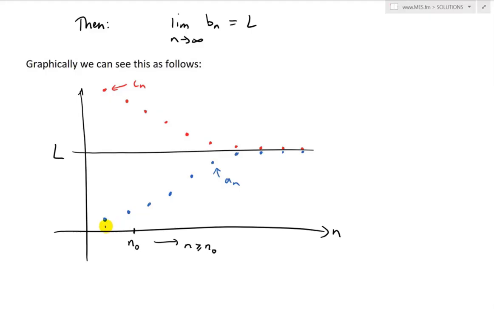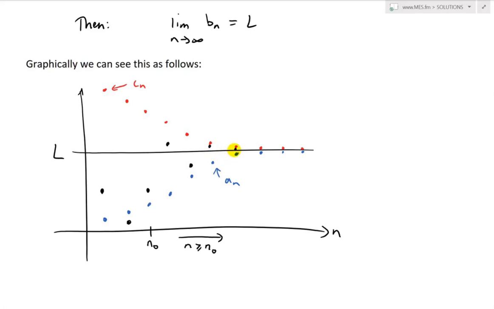This is n0. Now, let me quickly move that around, just make it a bit more to the right here, so that we can draw one. Let's say it goes from here, then it goes above here, and then above this. Now it's always in between. Let's say it goes something like this, and then it goes all the way above here, and let's say it just keeps alternating, and so on.